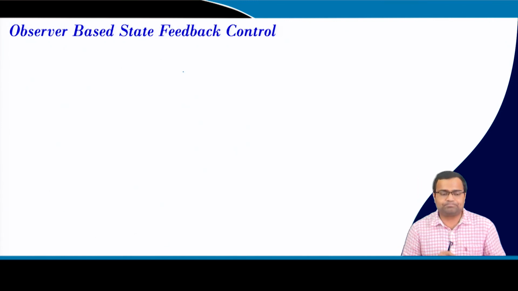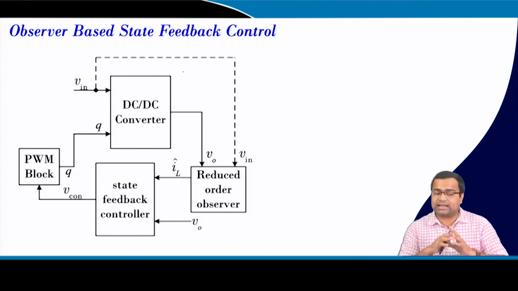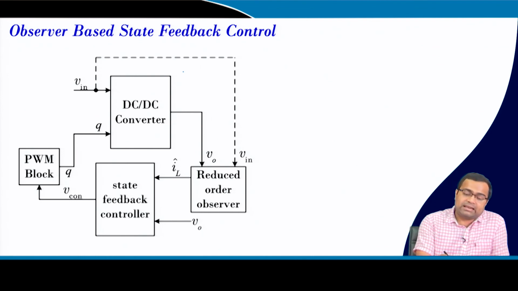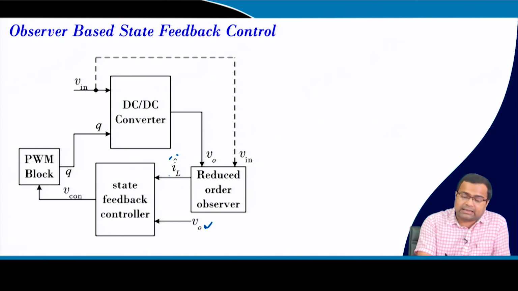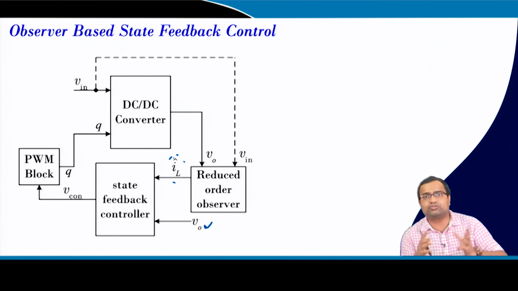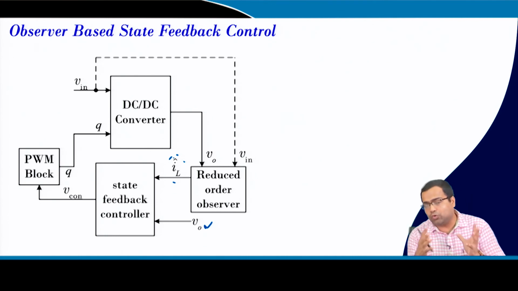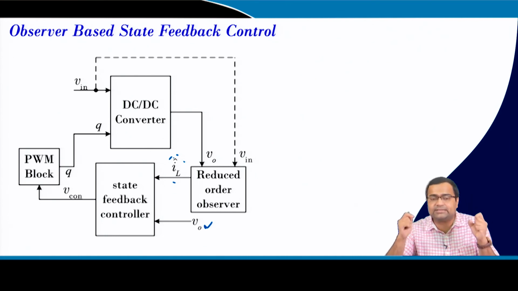So, the direct derivative may not be a suitable choice for a boost converter, but it could be useful for a buck converter. Now, we can design an observer based state feedback control, in which the output voltage is sensed directly, but the inductor current is estimated. So, you can use a reduced order observer. There are two ways of designing this observer, or basically modeling this system.